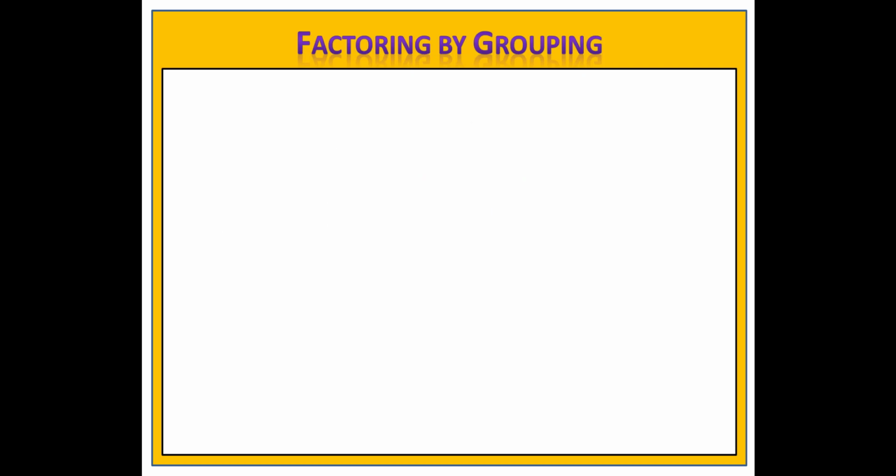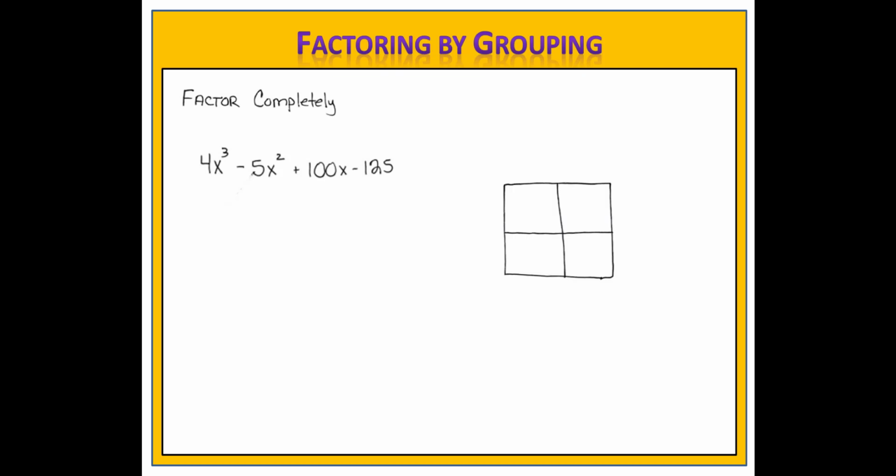Let's take a look at a second example. We want to factor the polynomial 4x to the third minus 5x to the second plus 100x minus 125. We have a 4-term polynomial, so we can factor by grouping, and I'm going to use the grid. Once again, I write each of the terms in the boxes of the grid.